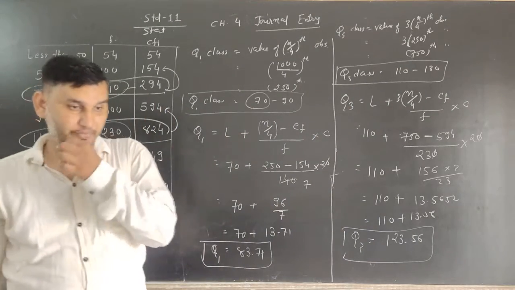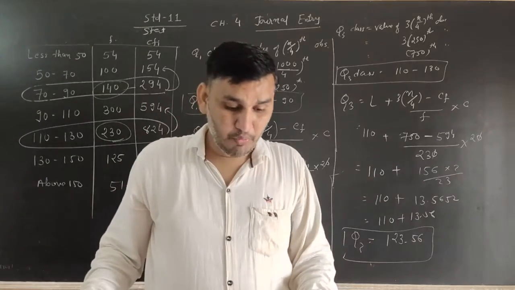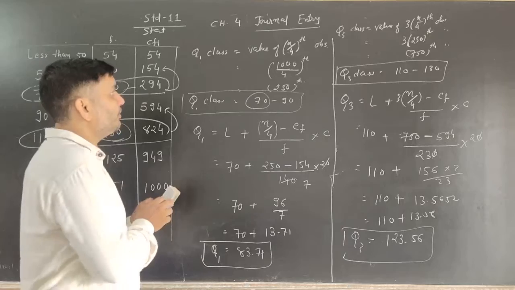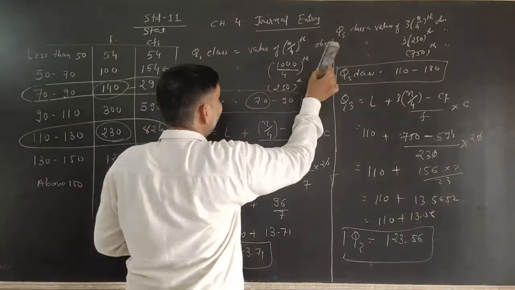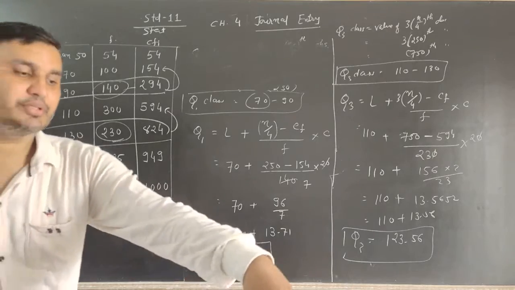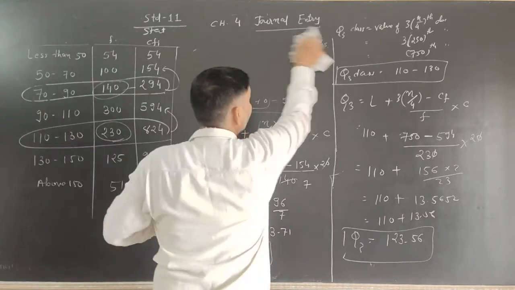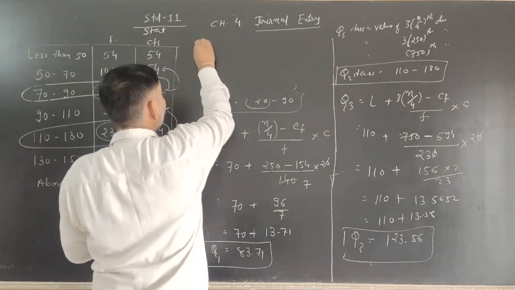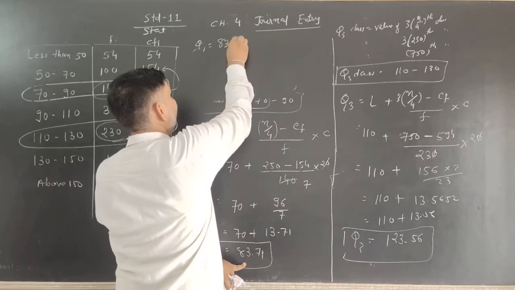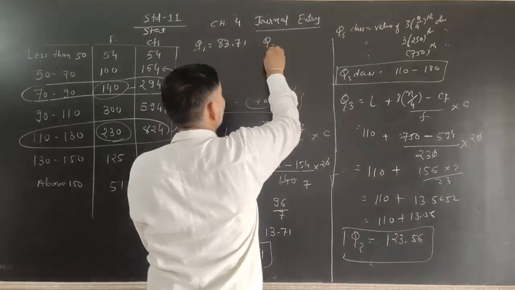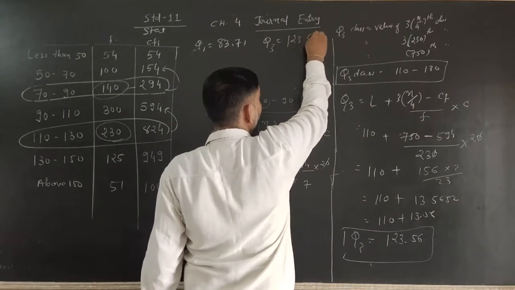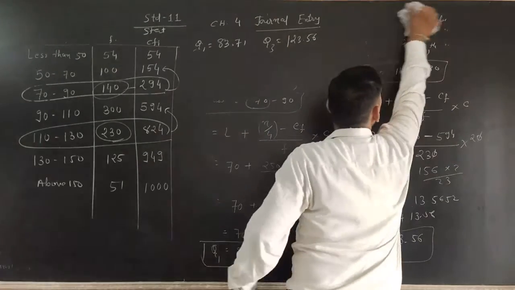Now we have both values, so we can find the quartile deviation and the coefficient of quartile deviation. Q1 is equal to 83.71 and Q3 is equal to 123.56.